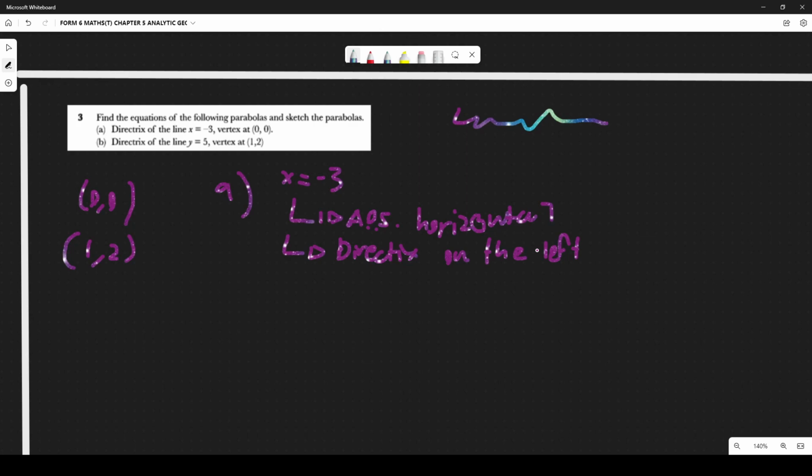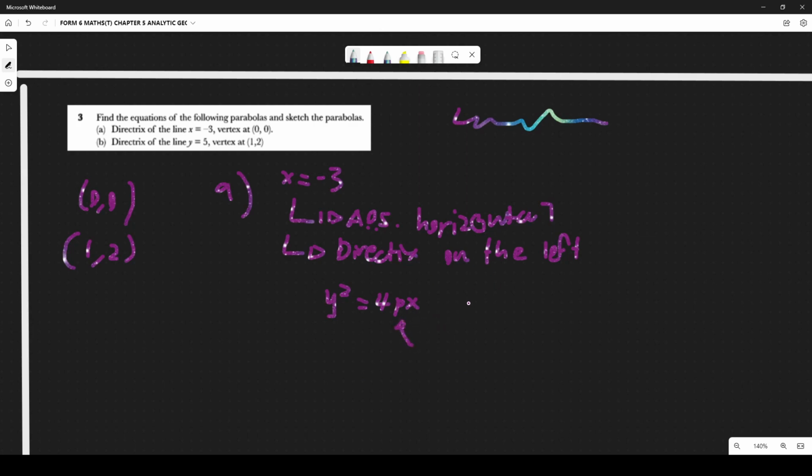So your directrix is on the left and the axis of symmetry is horizontal. The equation most likely will look something like this: y squared equals 4p. P is just a constant.